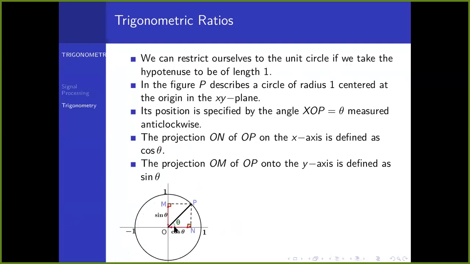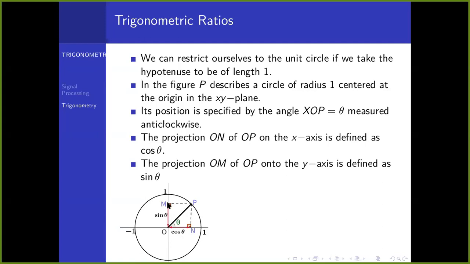But now since the hypotenuse is of length 1, the cosine will just be the projection. You see this radius, the cosine of this angle theta will just be the projection onto the x-axis. This length ON will be the cosine, and the length OM will be the sine.